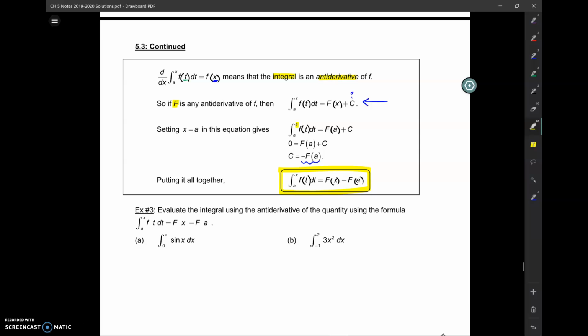So it's the antiderivative evaluated at x minus the antiderivative evaluated at a, right?